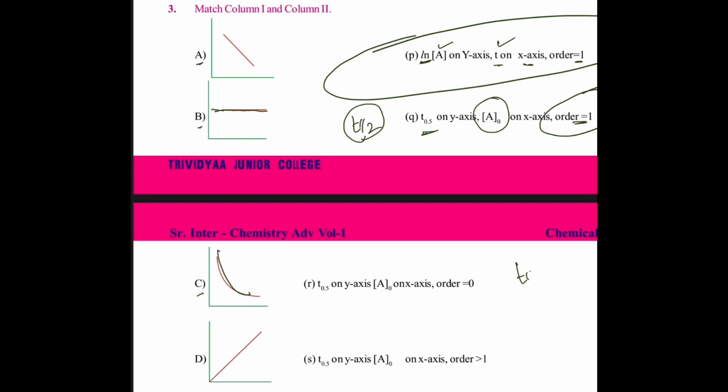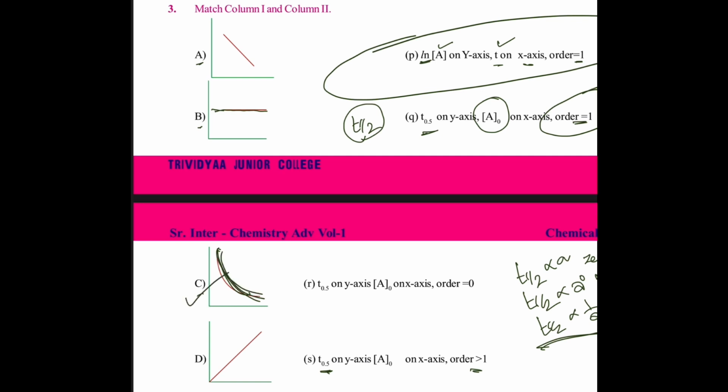T half proportional to A is zero order reaction. T half independent of A is first order reaction. T half inversely proportional to A is second order, third order, and so on. Okay, here you see T half versus 1 by A, greater than 1 means decreasing.